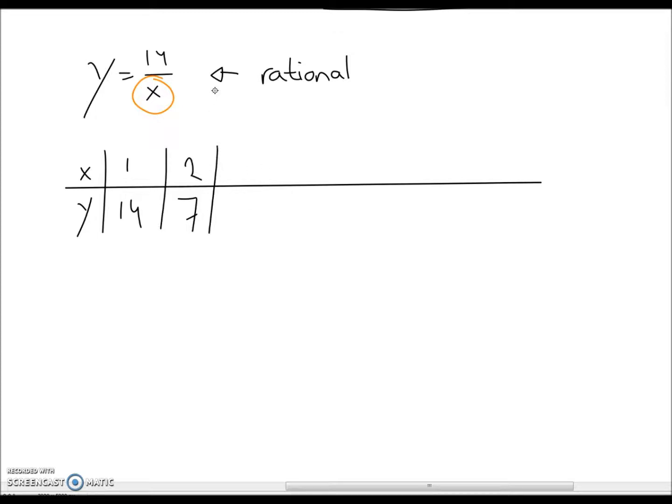We also know that, and I have to make some room over here, that for a half, the corresponding y is 28. And for a quarter, the corresponding y is 56.